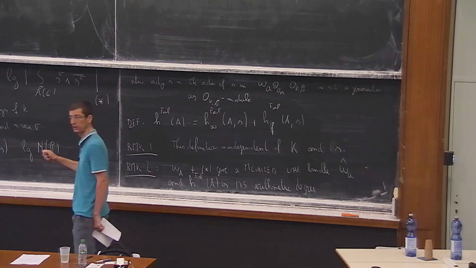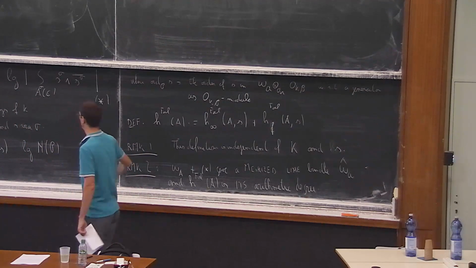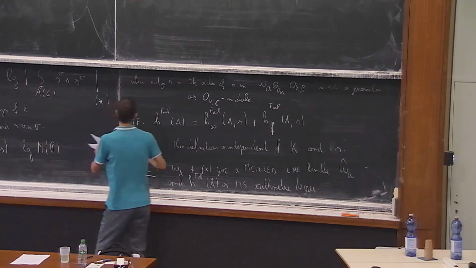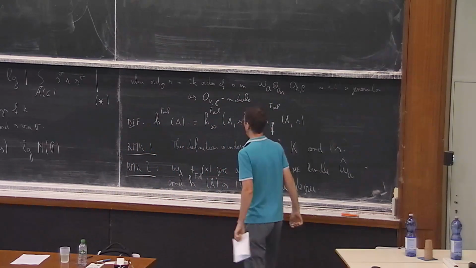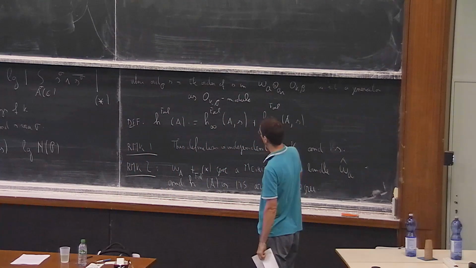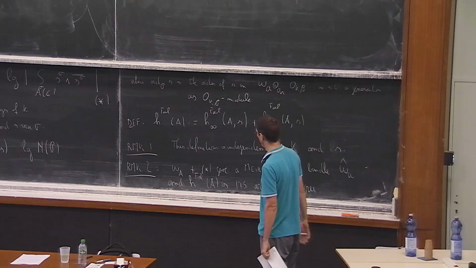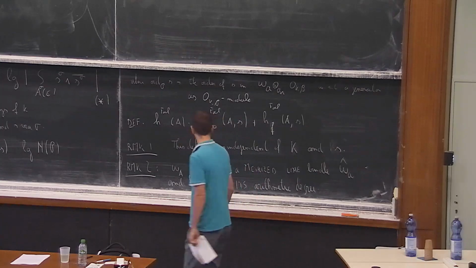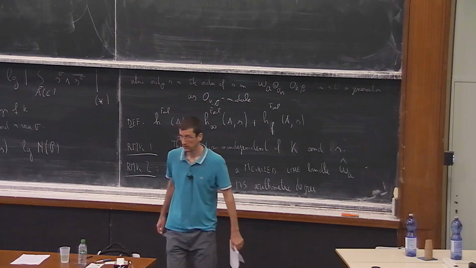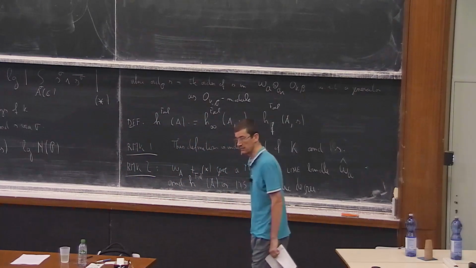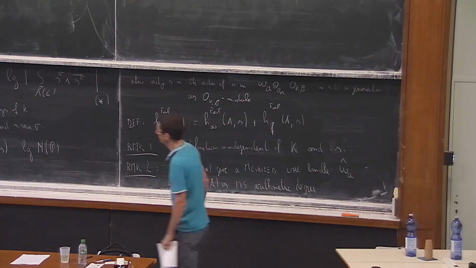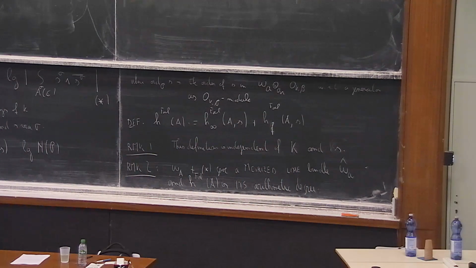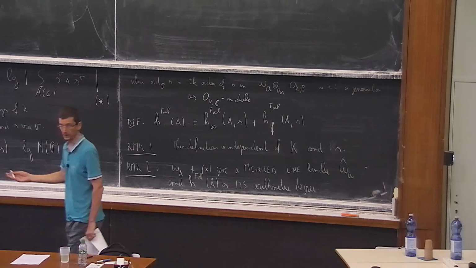You choose a rational section and see what the metric at infinity gives, what the order of vanishing or poles of it is, and you sum it up and you get your definition. Okay? Okay. Yes. So this is called the Faltings height, or Faltings called it the modular height.